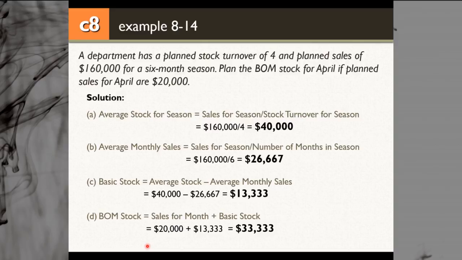Once again, compared to the other method, the number for each month's additional stock will be different, but with this one you're adding the same amount of basic stock to each month's planned sales to calculate your BOM stock.